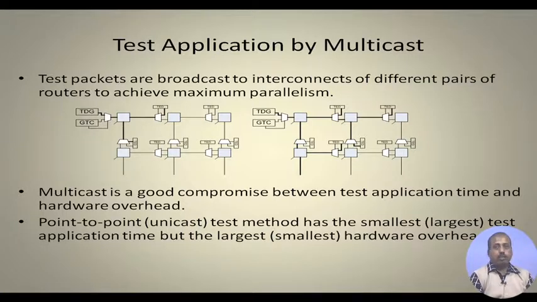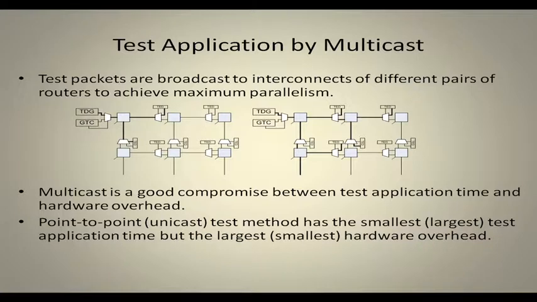we have dedicated test data generators and test error detectors. Those modules are there, so the testing is the fastest, but the hardware overhead will be maximum, because so many TDGs and TEDs are required.